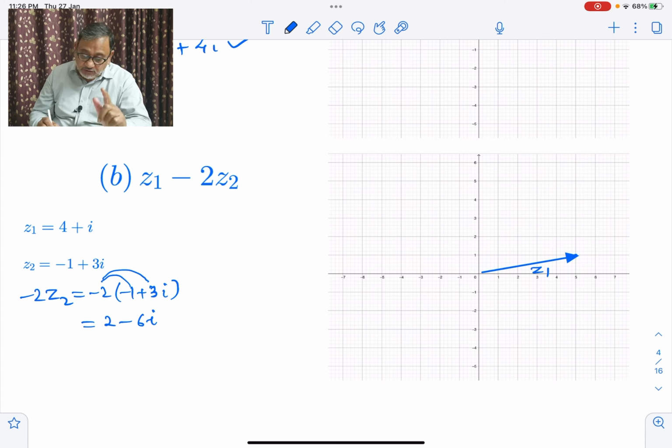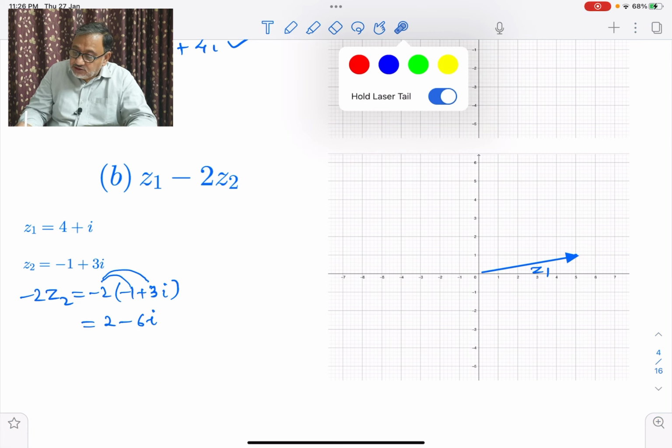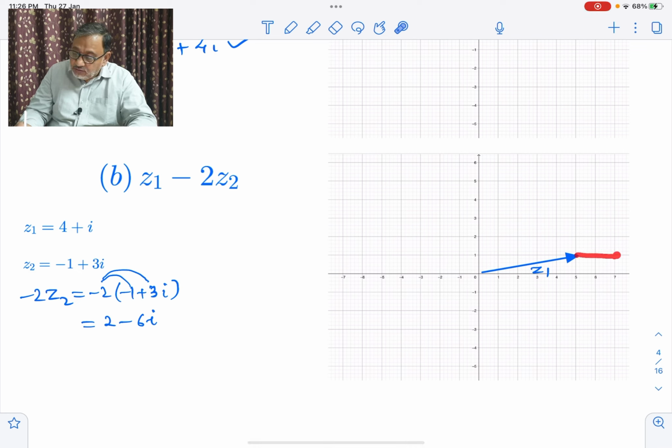So you have to draw all of it. So 2 in the positive direction, where the first one is ending. From here, 2 units in the positive direction, and then negative 6, so we will go down 6 units. It means you have to come up to this negative 5. So that will become negative 6 units. I hope you understood this.